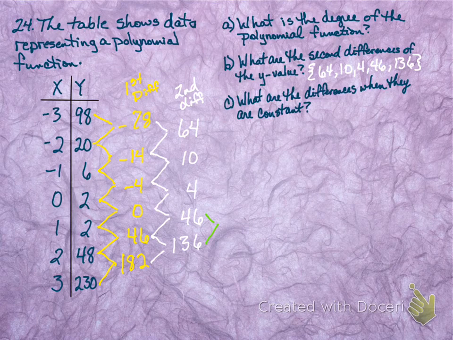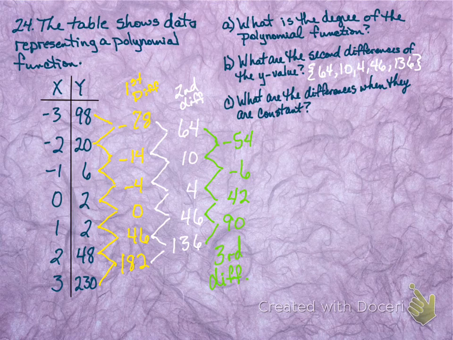There we go, neon green. So 90. 46 minus 4 is 42. 4 minus 10 is negative 6. And 10 minus 64 is negative 54. Okay, and that is our third difference.